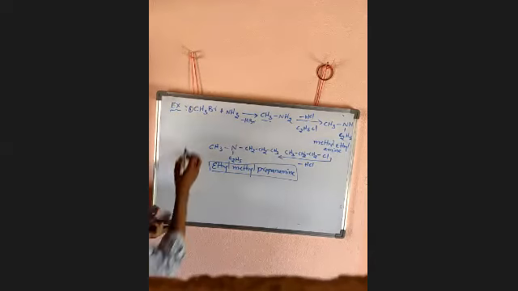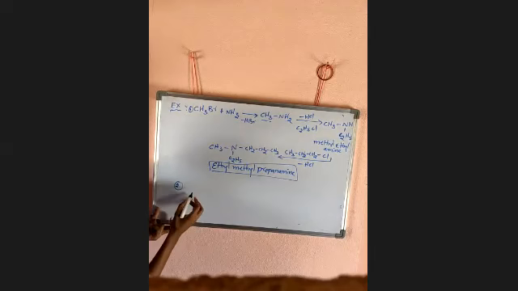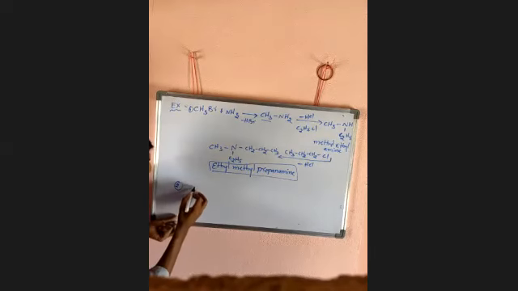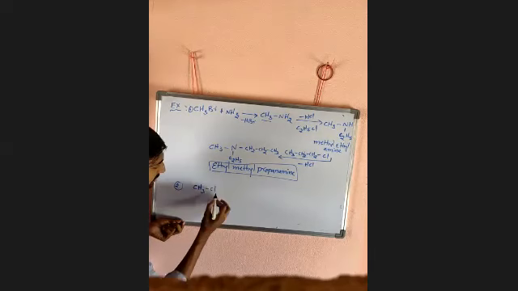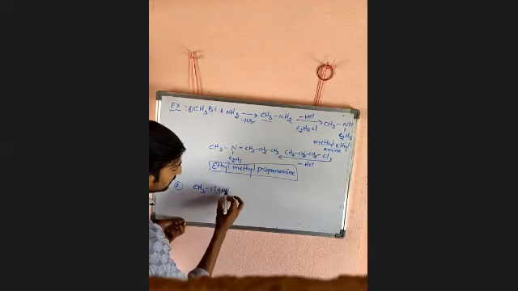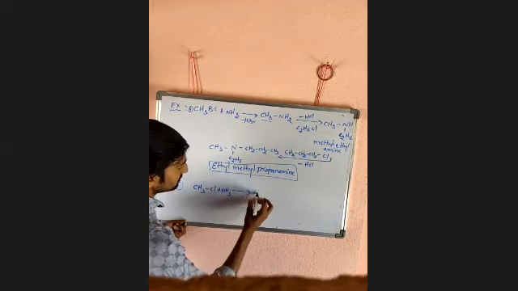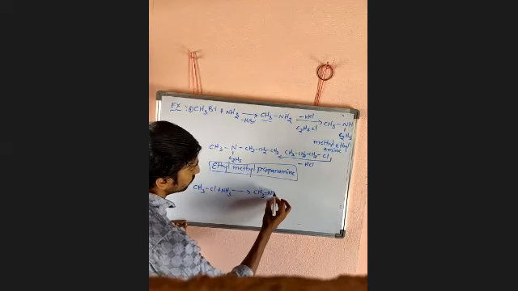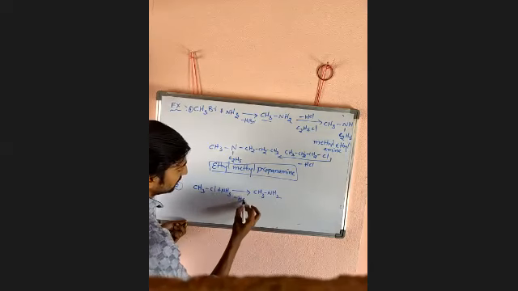Like these reactions are happening. Okay, for example, I want to take another one, example 2. In one reaction, when CH3Cl reacts with NH3, it will give CH3NH2 by elimination of HCl.